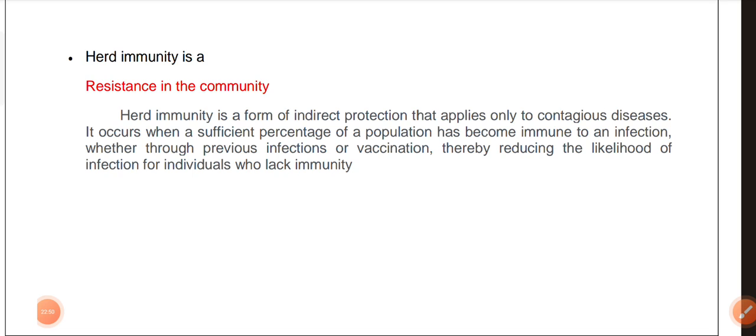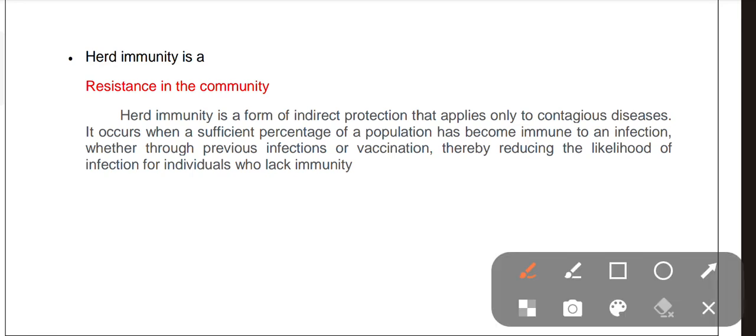Herd immunity is a form of indirect protection that applies only to contagious diseases. It occurs when a sufficient percentage of the population has become immune to an infection, whether through previous infections or vaccination. For example, if in the community region some people are not affected by a type of virus or bacteria, those pathogens will not produce any disease for those people.